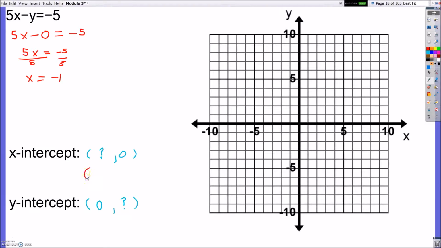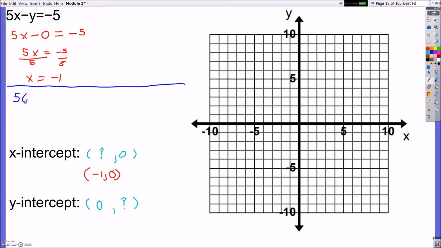So what does that mean? It means I have an x-intercept of negative 1 because when I plugged in 0, I solved for it and got that. So now in blue, we're going to solve for the y-intercept. It's very similar. We're going to look at the same equation, but on a y-intercept, my x value is 0, so in the equation, I'm going to plug in 0.